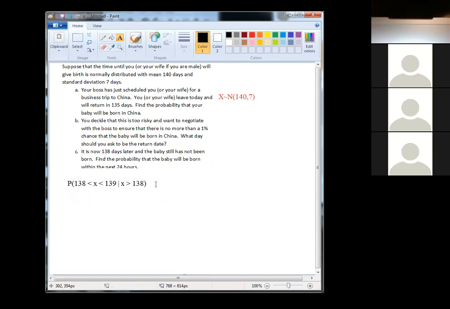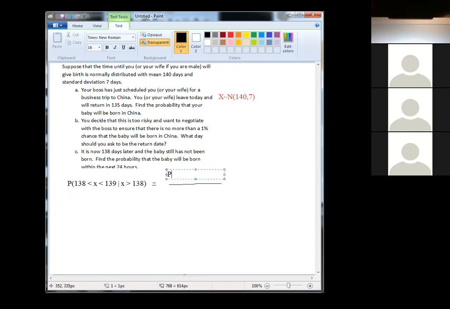Any questions on that? Okay, so now from chapter 3, we get a formula. That's the probability of both of these happening. If it's between 138 and 139 and it's greater than 138, that's the same as it's between 138 and 139.